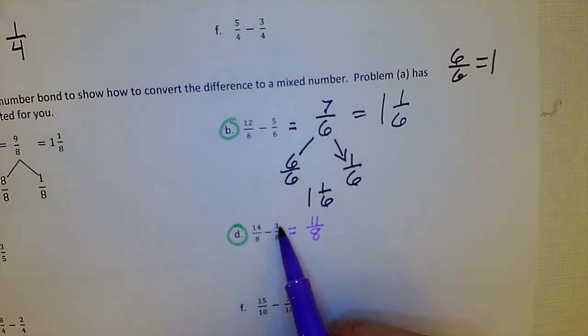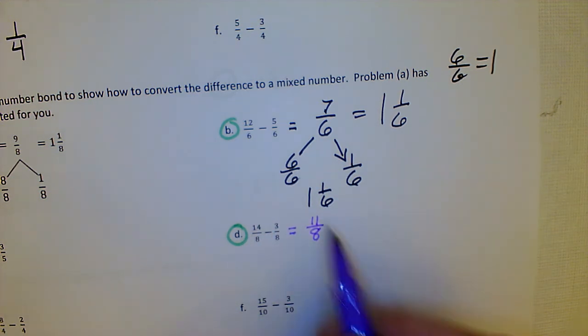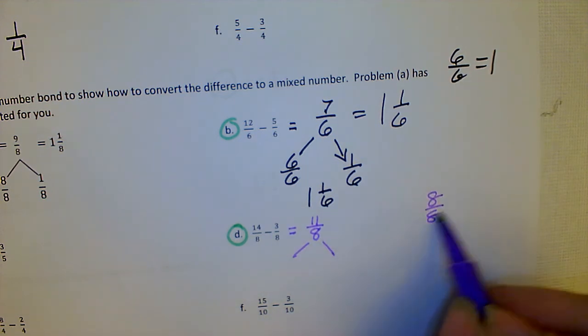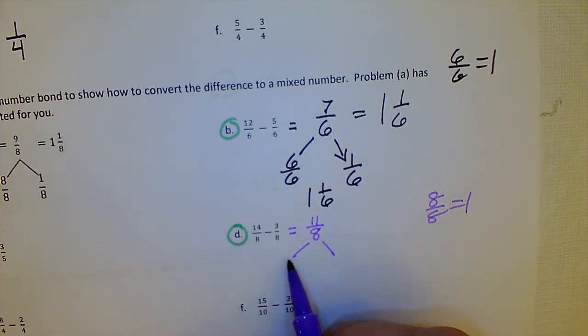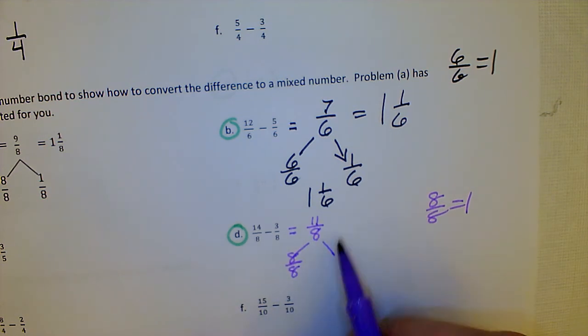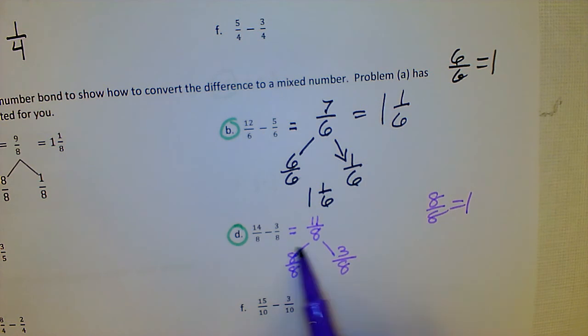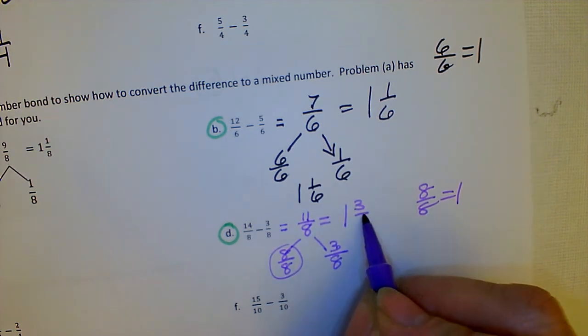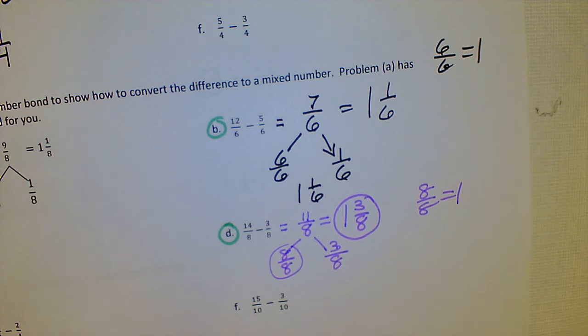So 14 of this minus 3 of those gives me 11 of those. Now, since these are eighths, I now know that 8 eighths is 1 whole. So let's pull out that 1 whole, or those 8 eighths. And then 11 minus those 8 eighths, because they're over here, that's going to leave me with 3 eighths. So I end up with 1 whole and 3 eighths. And that would be my answer for this one.